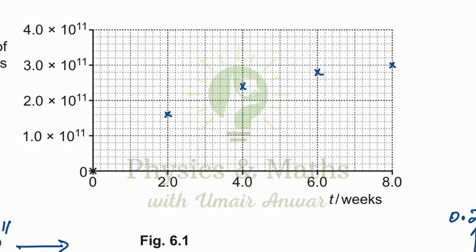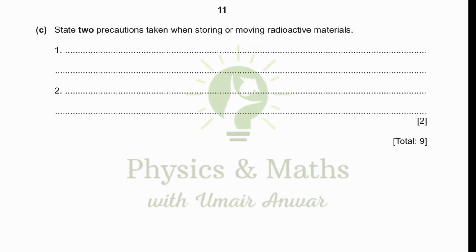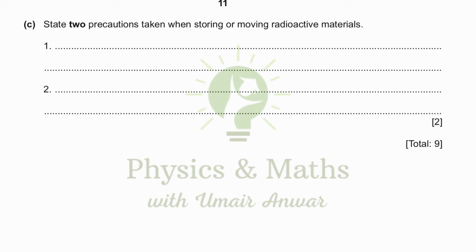And now connecting all these points, we have to draw a curve. So this would be the curve joining all these points, starting from origin, connecting all the points till the very last point. The last part says, state 2 precautions taken when storing or moving radioactive material. So one is minimum exposure time.